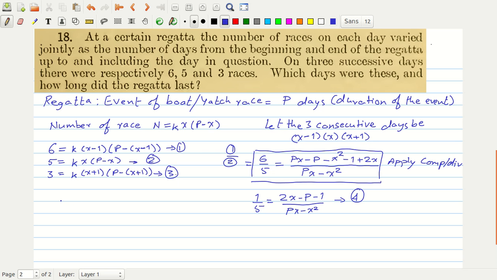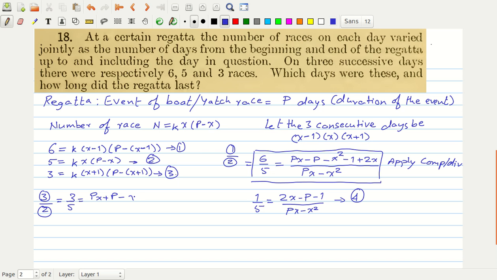Similarly, let us say we do equation number 3 divided by equation number 2, right. So again k's will cancel out and you will get 3 by 5 is equal to, so (x plus 1) times p is px plus p minus (x plus 1) square.